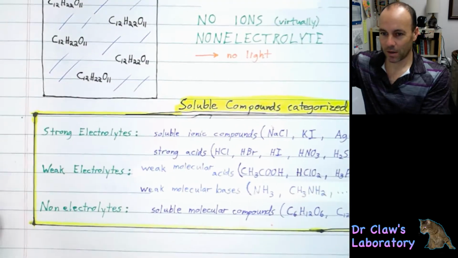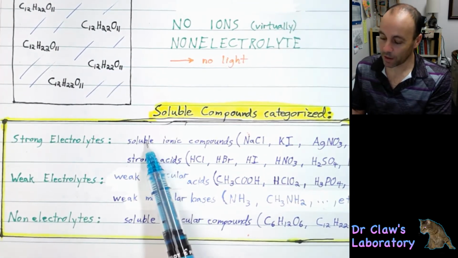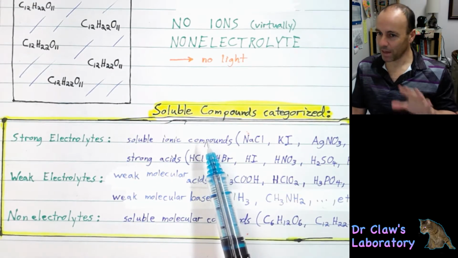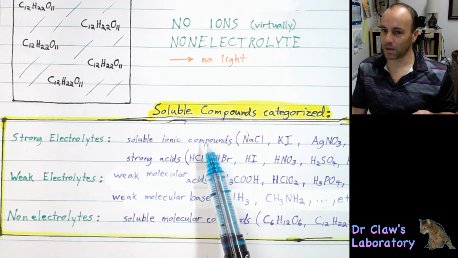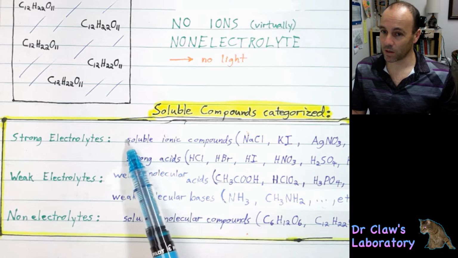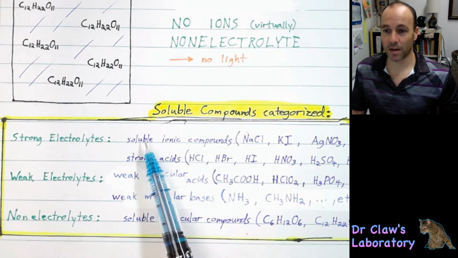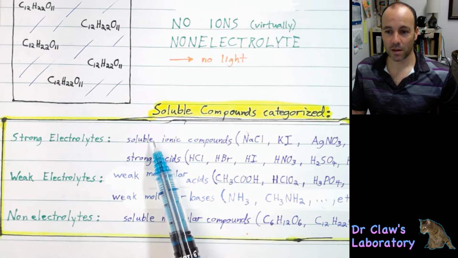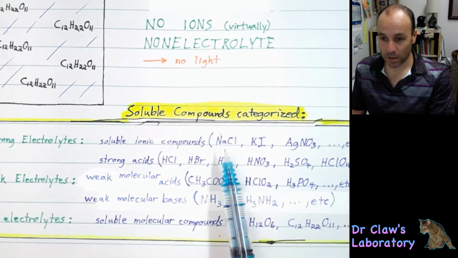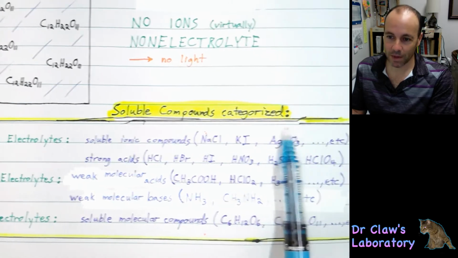So in summary, the strong electrolytes are soluble ionic compounds. Just being an ionic compound doesn't mean it's going to dissolve in water. But the ones that do, the ones that are soluble, are strong electrolytes, because when ionic compounds do dissolve, you get ions in solution. Examples are sodium chloride, potassium iodide, silver nitrate, lots of other examples.